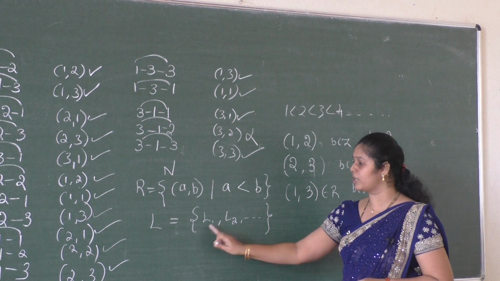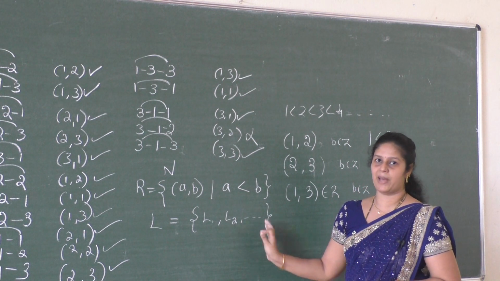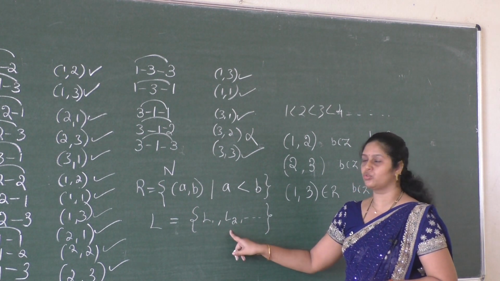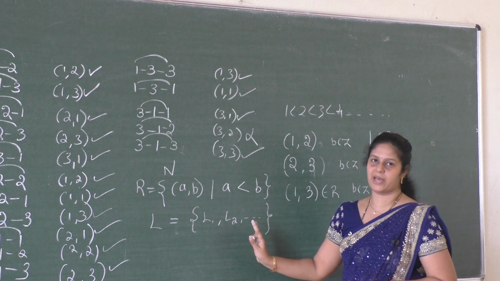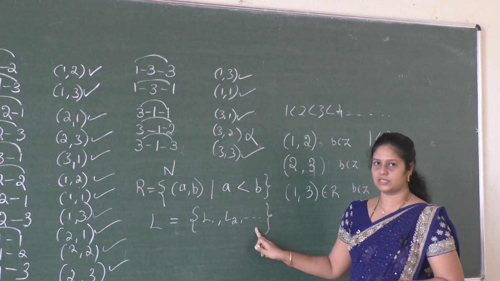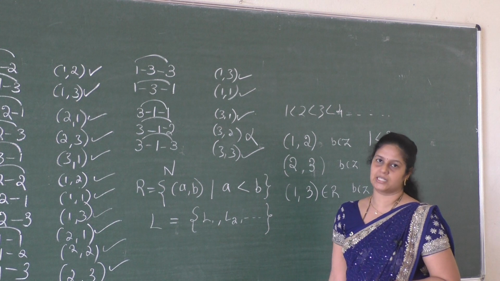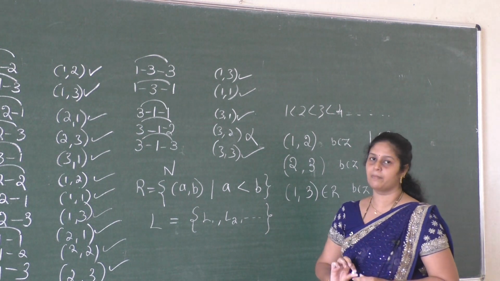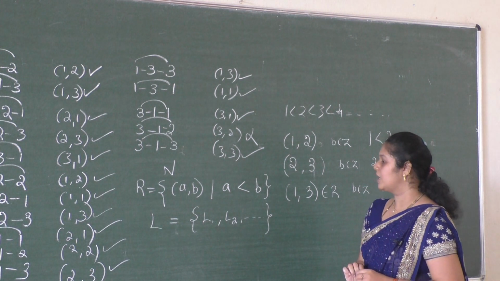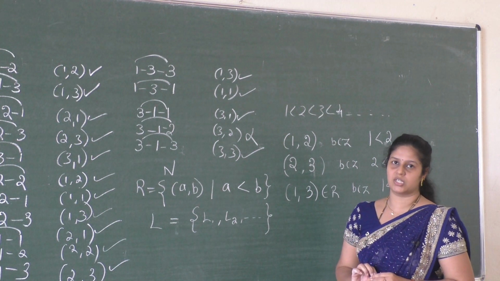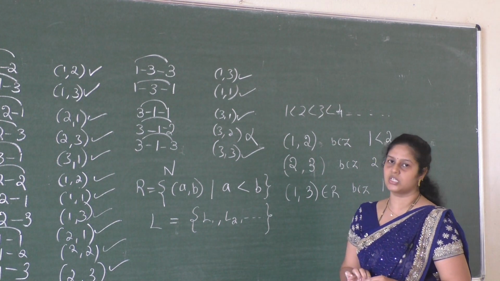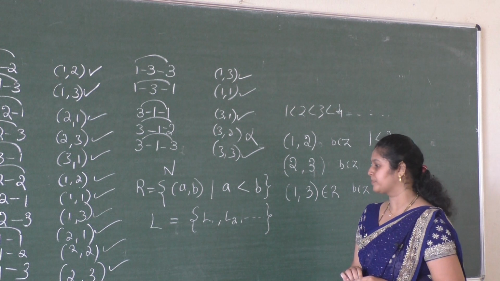Therefore, two lines are related if they are parallel. So L1 related to L2 if those two lines are parallel. L2 related to L3 if those two lines are parallel. So the relation is the parallel relation. Now what about this parallel relation? Whether it is a transitive relation or not.